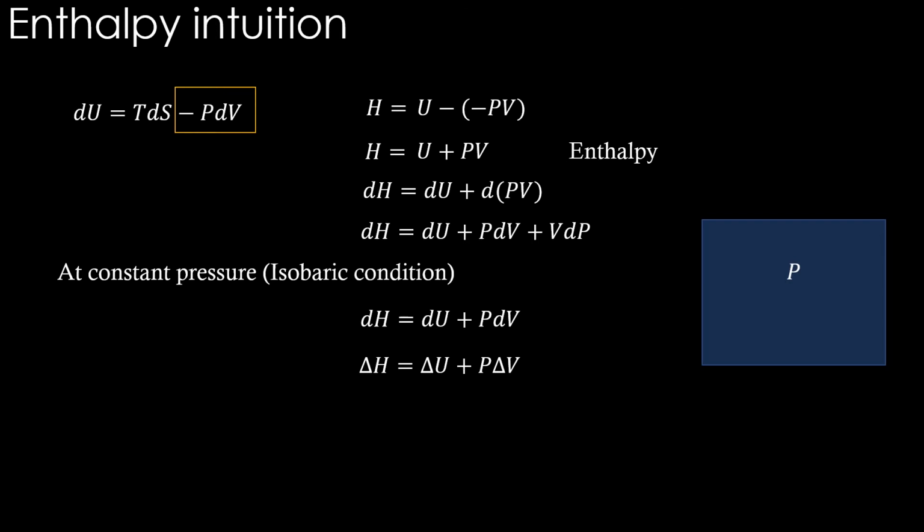If that is the initial state, then the enthalpy and internal energy are also zero. Now we can write this equation. Delta H is H minus 0, where H is the final enthalpy. Similarly, delta U is U minus 0 and P delta V is P multiplied by V minus 0. The final enthalpy then is equal to U plus PV.